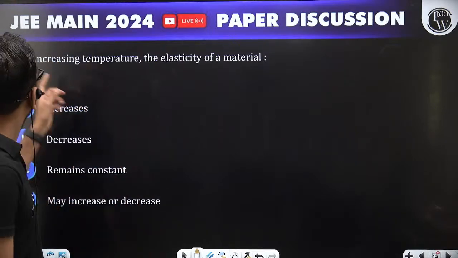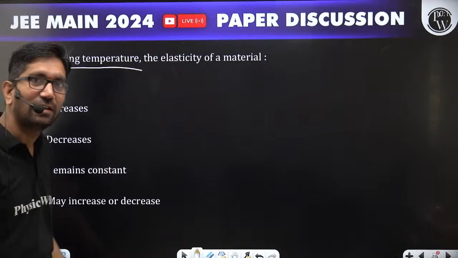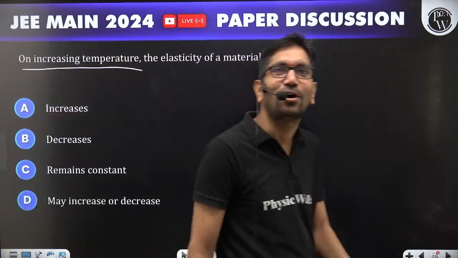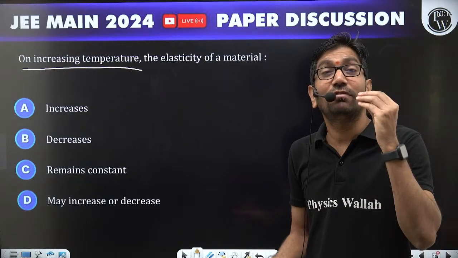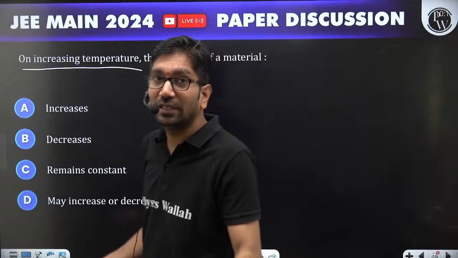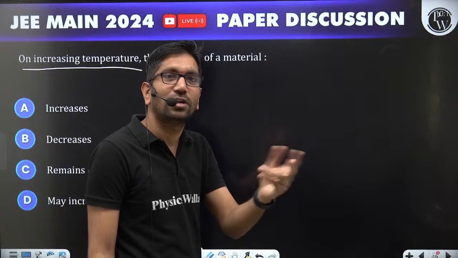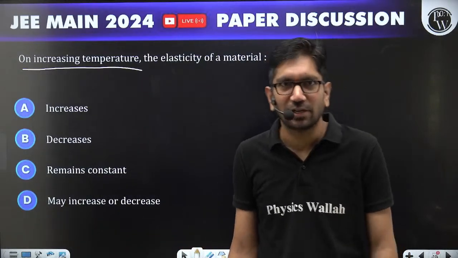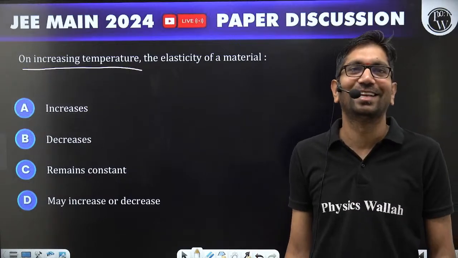Right, chalo. On increasing the temperature, the elasticity of a material, this is also a direct formula-based, relationship-based question. If you know the relationship between Young's modulus and temperature, Young's modulus is inversely proportional to temperature. Young's modulus is the modulus of elasticity, right?